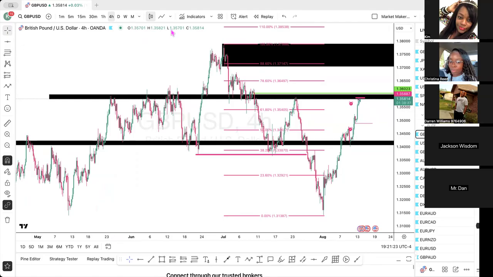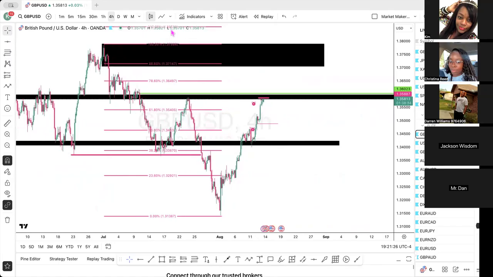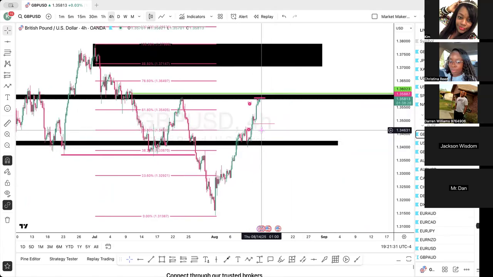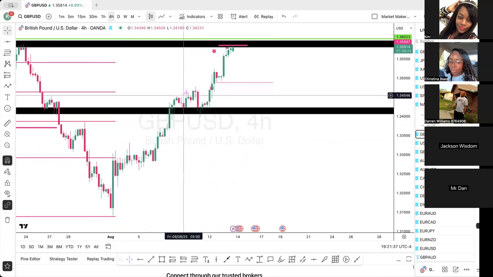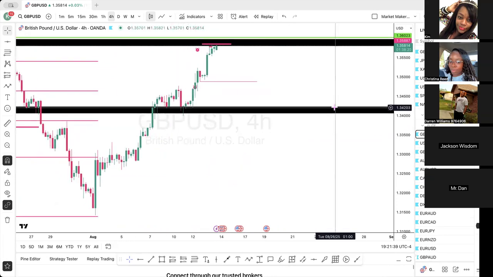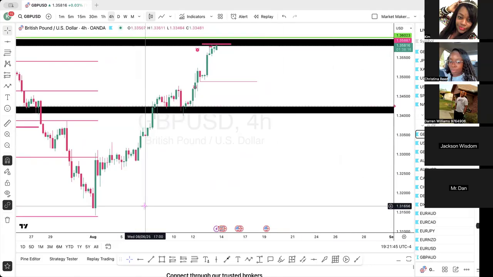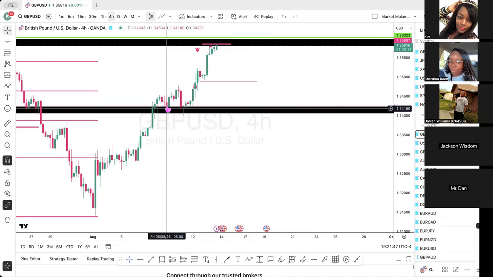Do you set alerts at your support and resistance? Absolutely. Okay. So say price broke out here, right? As soon as that broke out, I would set this little alert here, right at the top of it. As soon as price comes back, I generally look for an order block, but I still want to see the break, just like we trade.